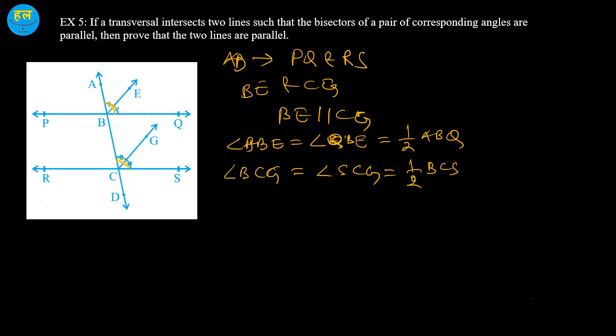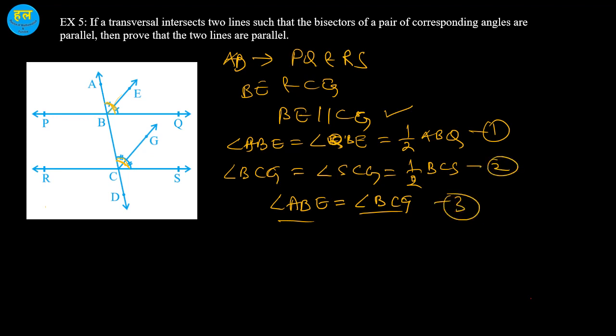And BE is parallel to CG, and AD is a transversal. Therefore, angle ABE has to be equal to angle BCG, because of the corresponding angle axiom, right? Let us assume this is equation number 1, this is equation number 2, and this is equation number 3.